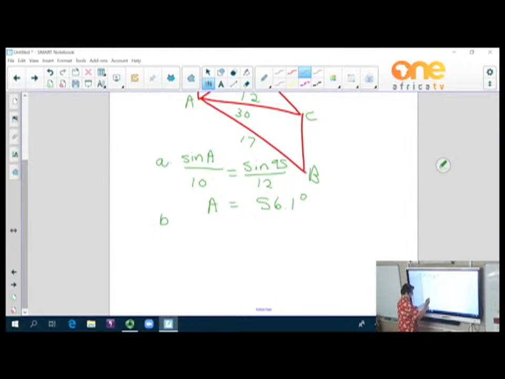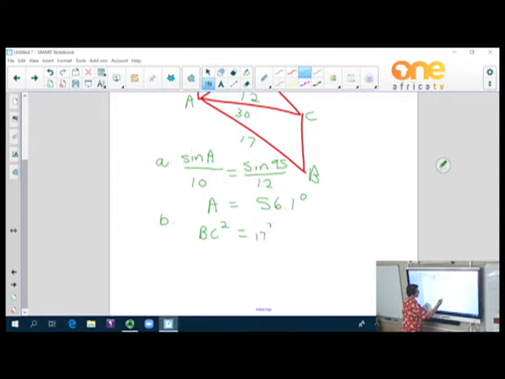Right, then B. Now we want to find BC. So this is this length that we need to find here. This is not a right angle triangle. So I'm going to want the third side. So I'm going to use the cosine rule.